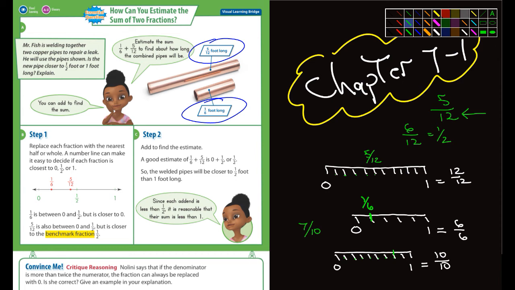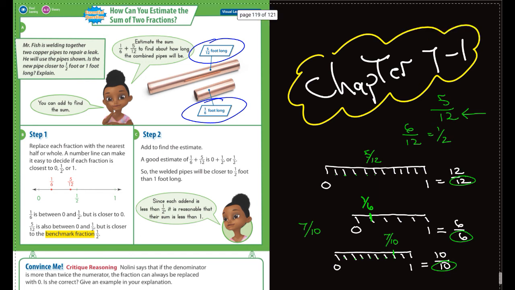Right about there, 7/10. So remember, when you see a fraction, the denominator, that's the bottom part, represents how many parts the whole was cut into.